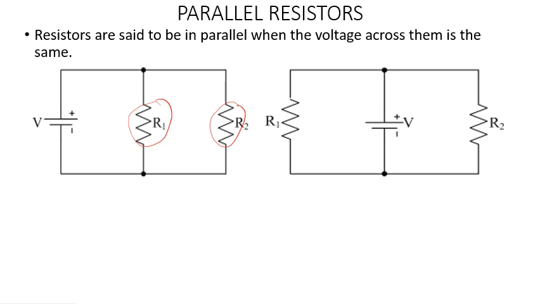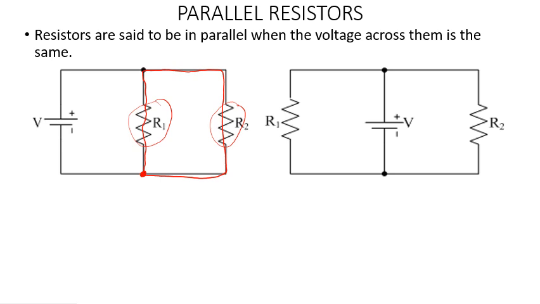Basically, what I do is, if I start from one terminal, from this point, and I'm able to circle the two resistors from one point to the other and back without meeting any third element, that means the resistors are in parallel.